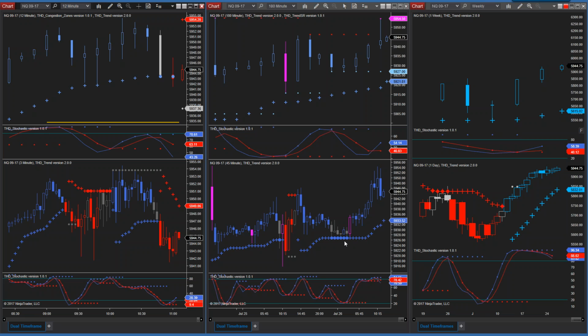So that means I can use a 3-minute and go into the 45, or I can use a 12-minute to go into the 180. Does everybody understand that? In other words, these are kind of correlated. I know that my 3-minute goes into my 45, my 12 goes into my 180, simply because I have them beside each other.